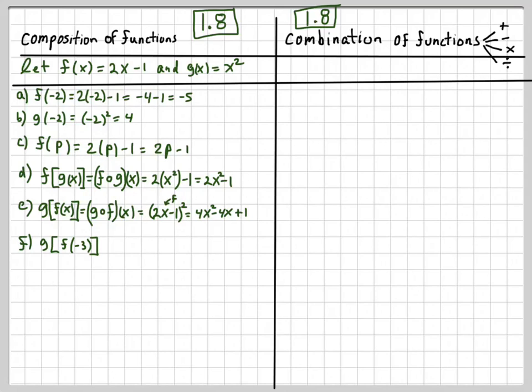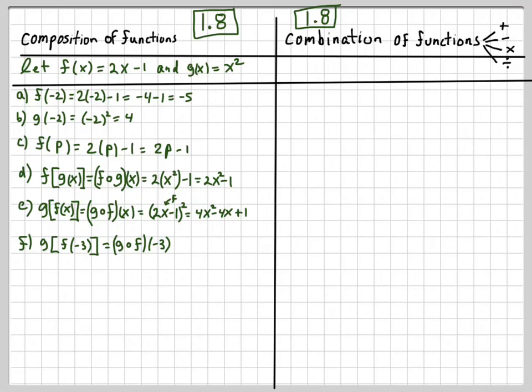Now, if x is actually a value of a number, for example, negative 3, and I ask you to find g of f of negative 3, that can also be written as this other way. It means the same thing, though.